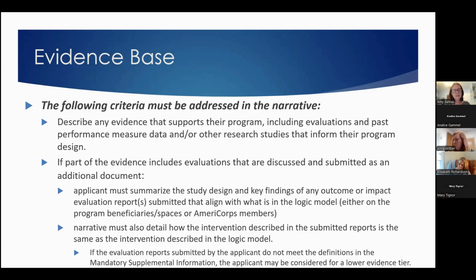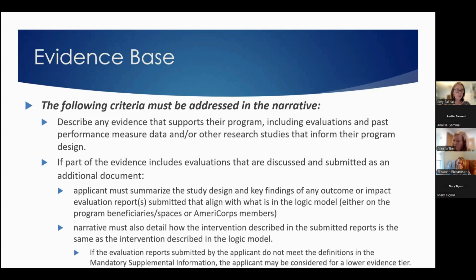If your evidence includes an evaluation that you're discussing, either an outcome or an impact, you have to summarize the evaluation design and any key findings from that evaluation. I'm going to say again, if you use an evaluation in this section for your evidence, you have to summarize what you did and any outcomes that were learned from it.